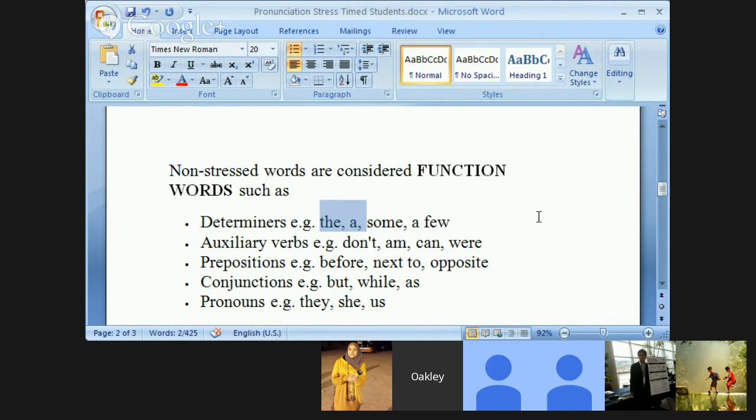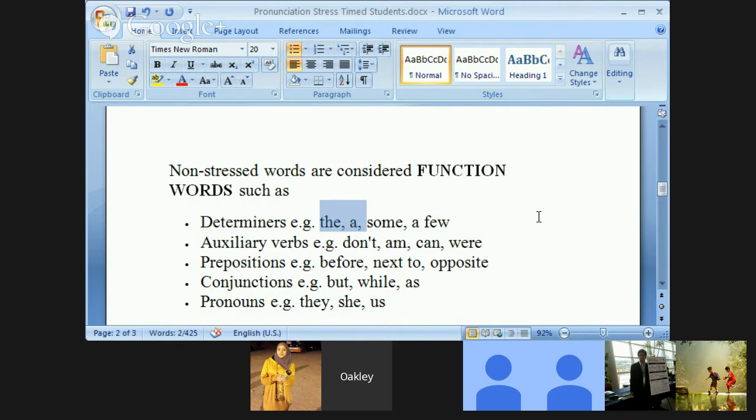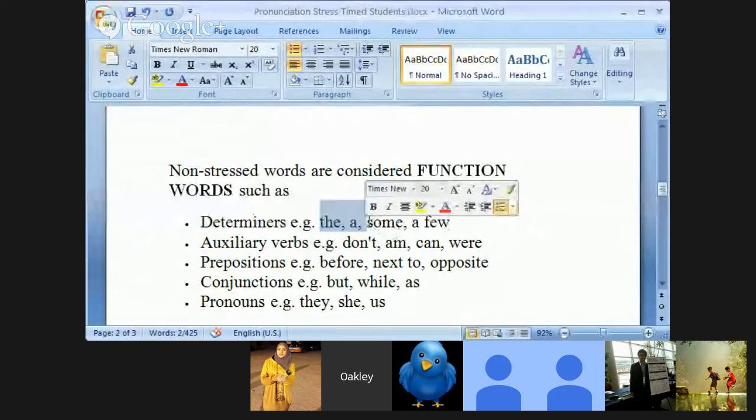These are very much reduced. Not only are we talking about reducing them, non-stressed words, perhaps we're going to reduce pronunciation. We most certainly are going to join them very closely with surrounding words. Also, other determiners like quantifiers.